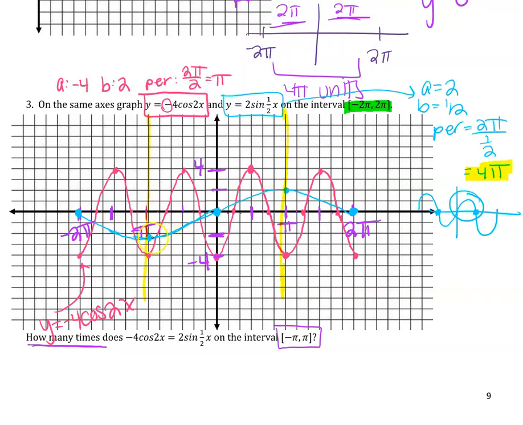So I see 1, 2, 3, 4 total times. So that's our answer. Oh, I probably should have labeled this guy as well. I meant to label him. All right, y equals 2 sine 1/2 x.